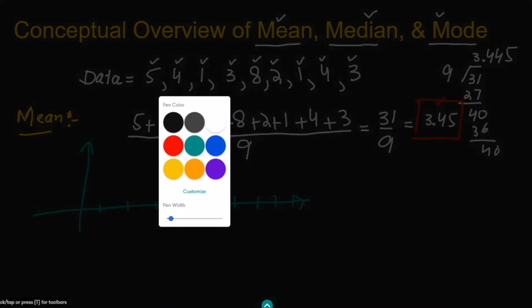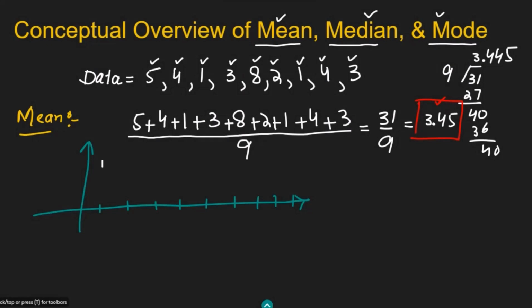Okay, and the data points I have are 5, 4, 1, 3, 8, 2, this is 2, also 1, this is 4, and the last one is 3 here. Okay, so these are all the numbers which are basically distributed here. So this is the distribution of the numbers which I have here.